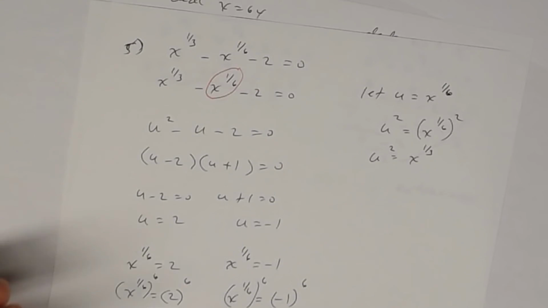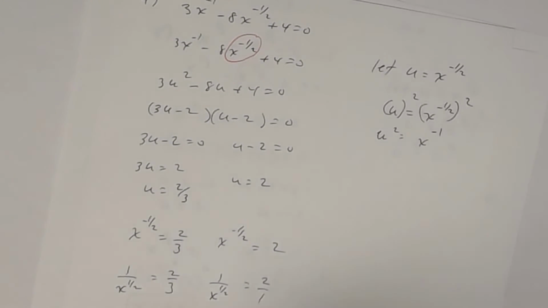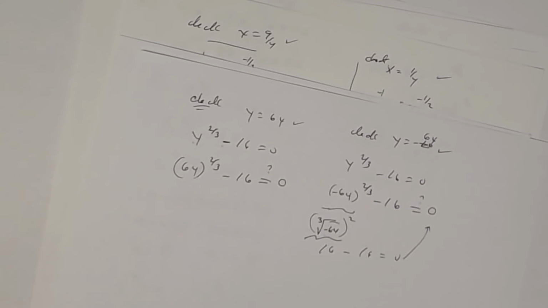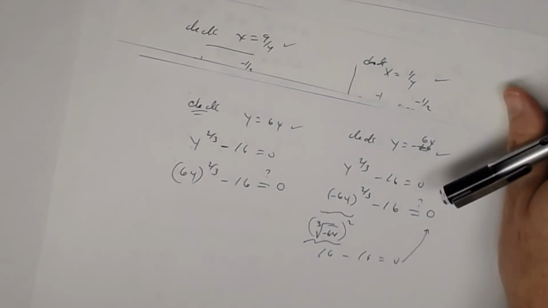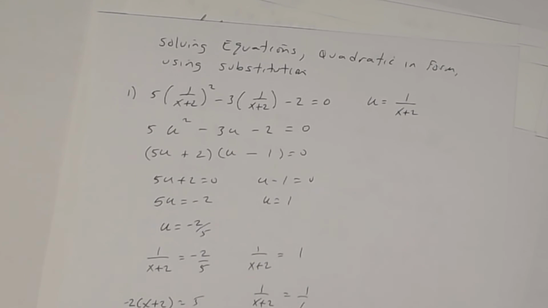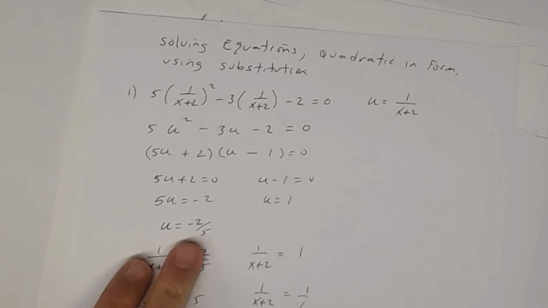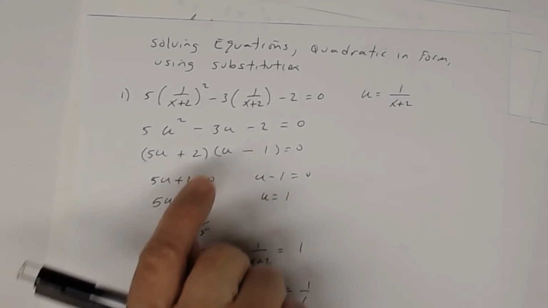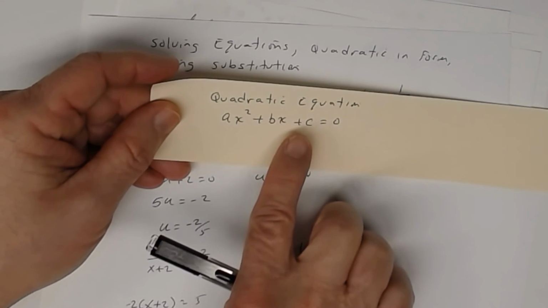Okay, so that is quite a few problems we looked at, but all these problems helped you to see what you had to remember from some previous prerequisite skills that were needed. All right. So the main purpose of these examples was to show you that there are types of equations that, if you use substitution, you can write in quadratic form.